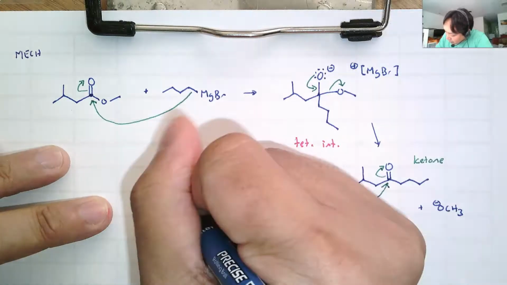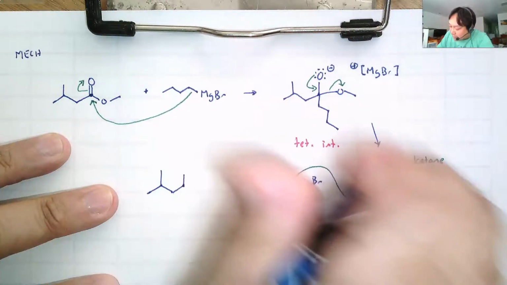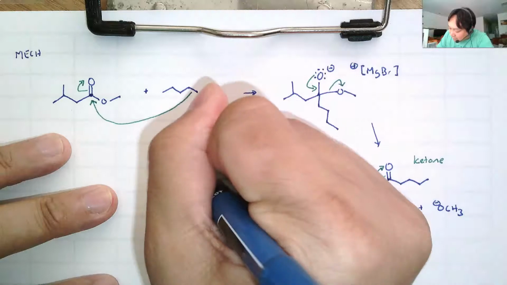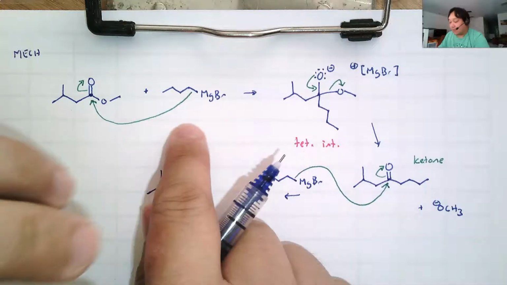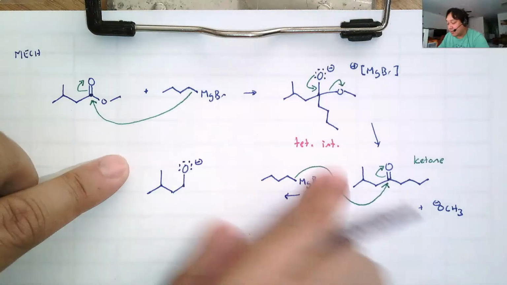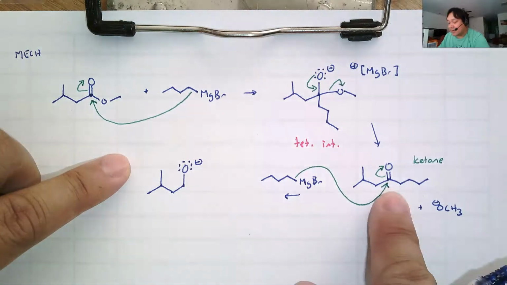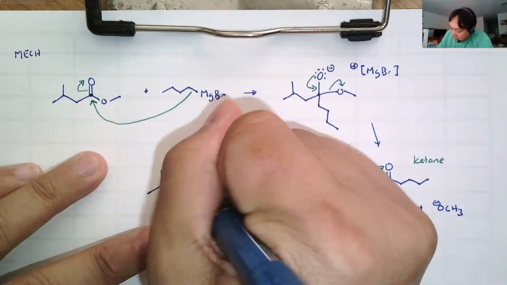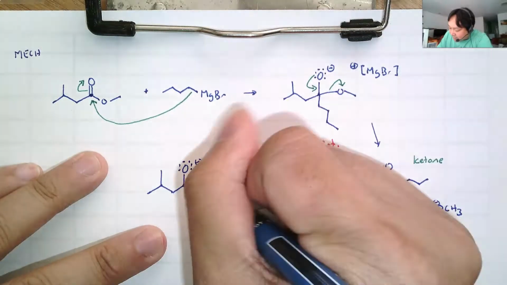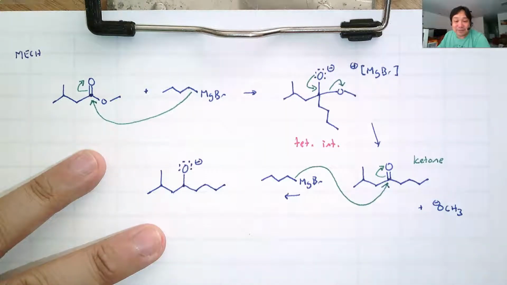You might wonder, well, can't we control this using exactly one equivalent of the Grignard and say, after all the Grignard is consumed to make the ketone, there's no more Grignard to do this reaction here? In theory, that sounds good, in theory.